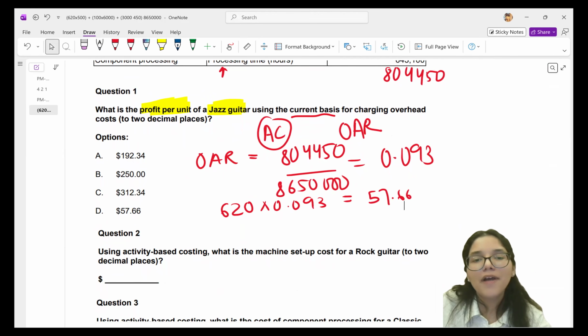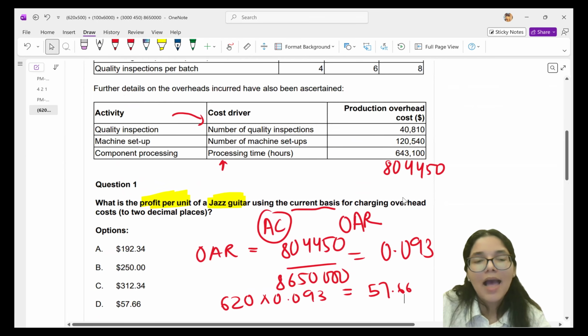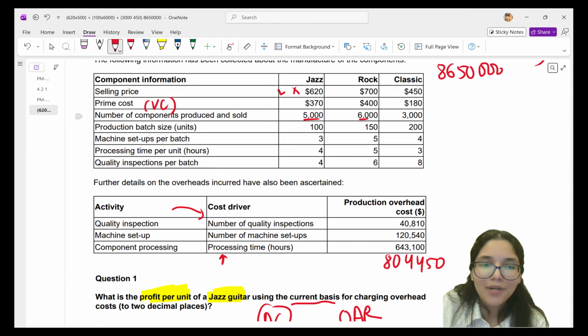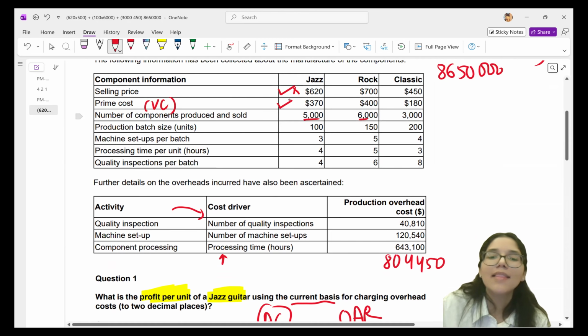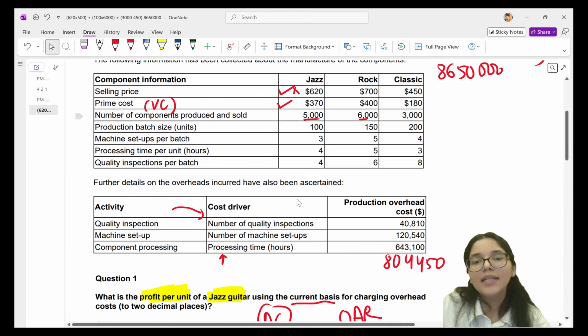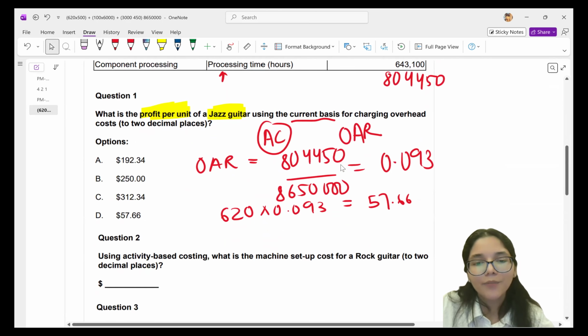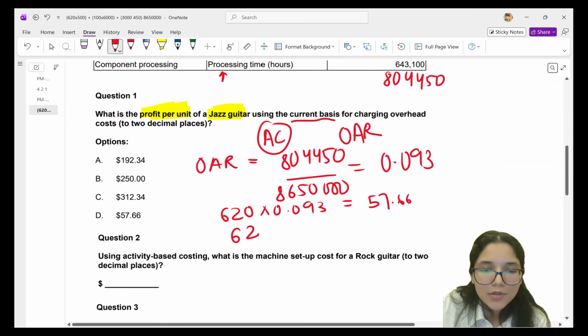Now, how can I get to my final answer of the profit? I will take my selling price, I will subtract the prime cost, and then I will remove the overhead cost also. So 620 minus 370 minus 57.66.